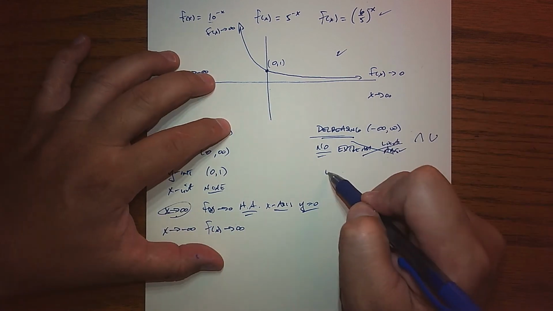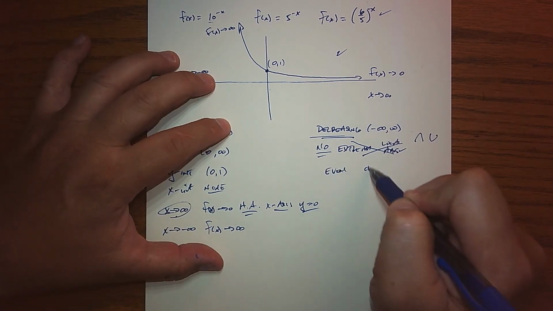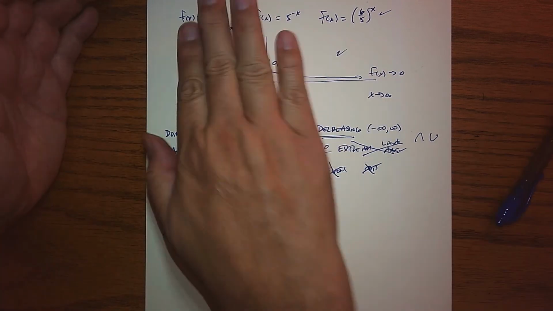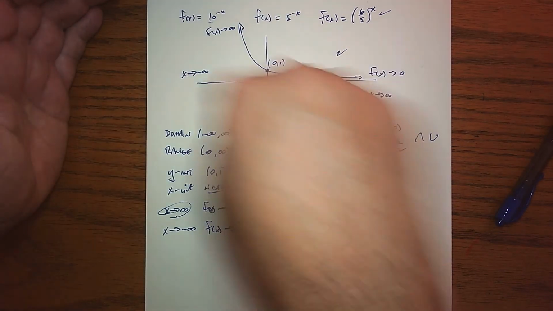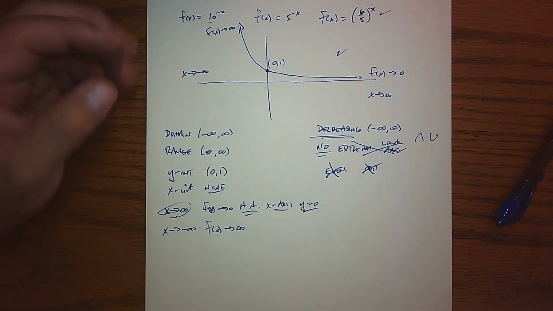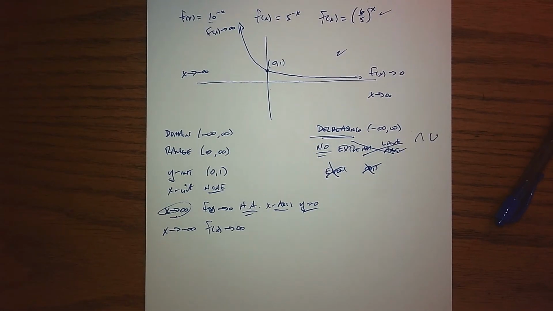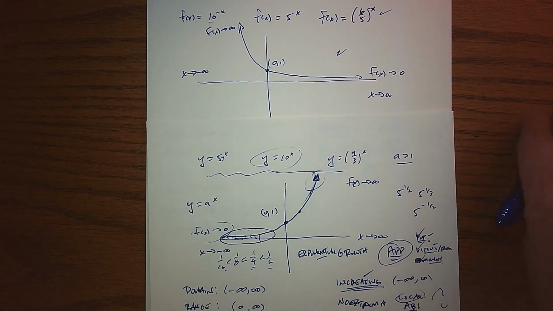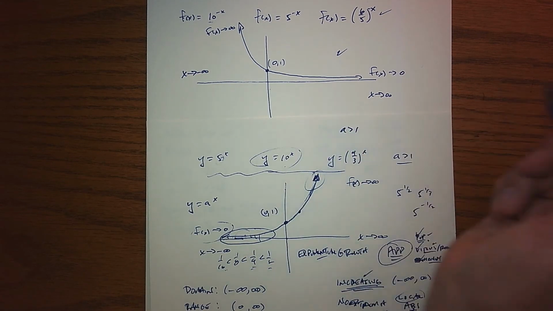In terms of the even and odd function argument, this is not even and it's not odd, because it's not symmetric with the y-axis and it's not symmetric with the origin. All right, so there's our two models together. We have a growth model where, in both cases, a is greater than 1.